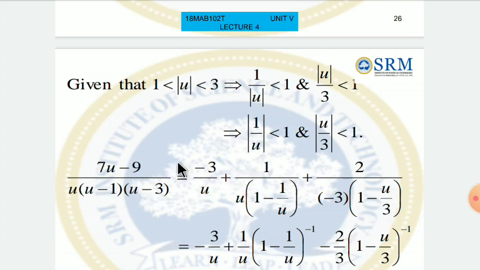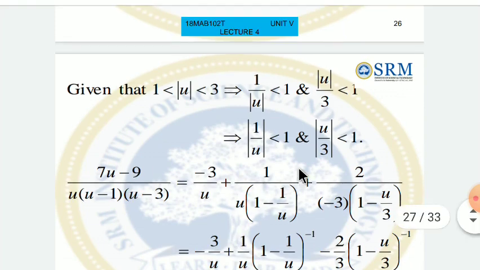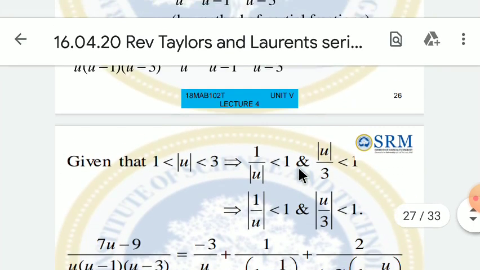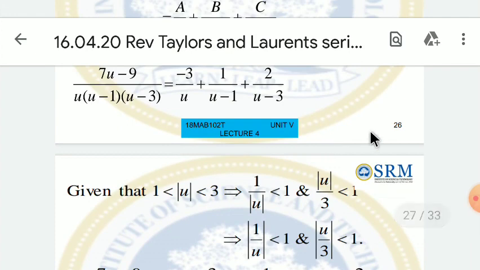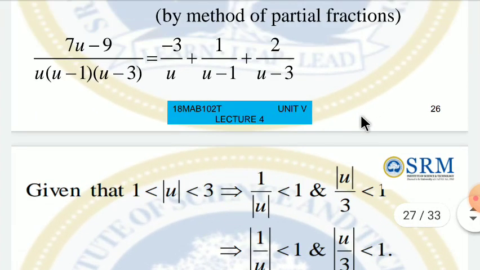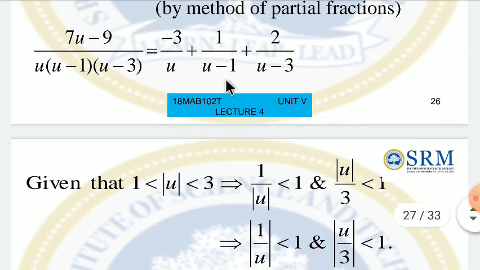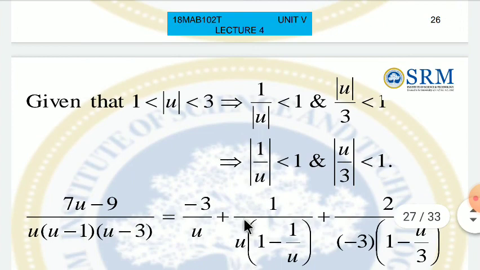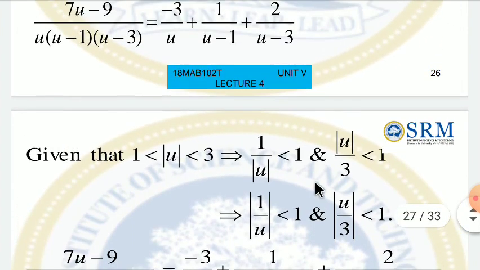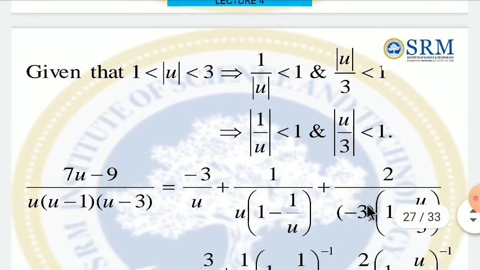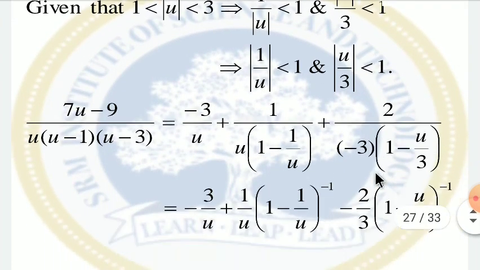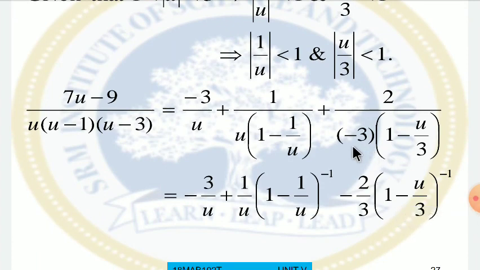From the middle term, 1 by u minus 1, taking u outside, we get 1 by u into 1 minus 1 by u. The third term, 2 by u minus 3, taking minus 3 outside, we get 2 by minus 3 into 1 minus u by 3.